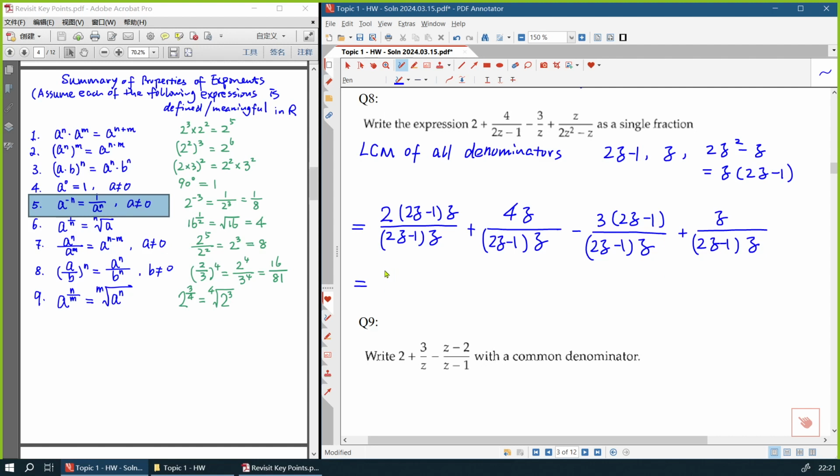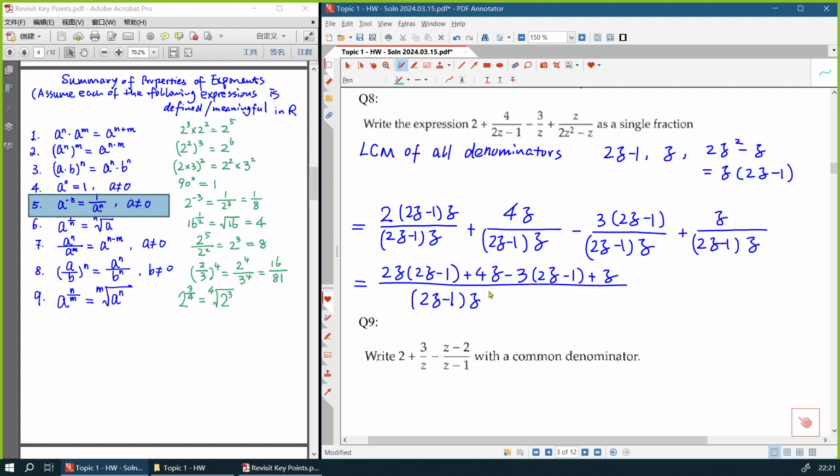You will have 2z times 2z minus 1 plus 4z minus 3 times 2z minus 1 plus z. And the denominator is the common denominator now, which is 2z minus 1 times z, right? And then next you need to expand the numerator, right?